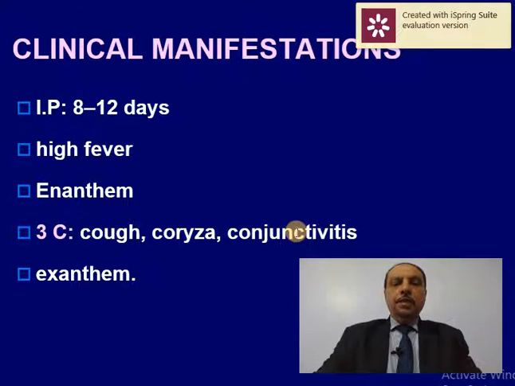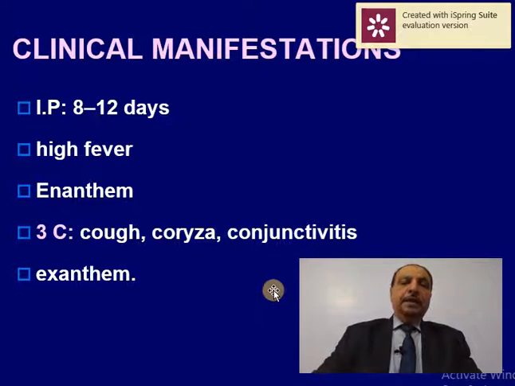So now we will start the clinical manifestations of measles. First of all, the incubation period of measles is about 10 days, between 8 and 12 days. And if you go to the WHO report, you will find that most of the cases in the outbreak had an incubation period of 10 to 12 days.